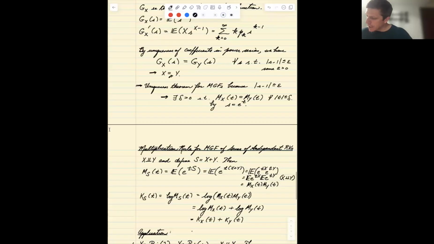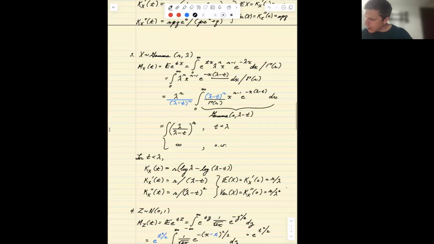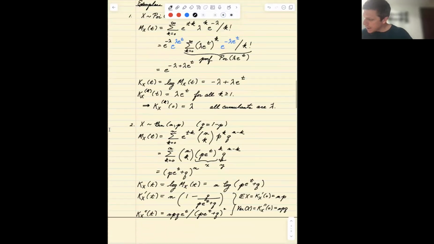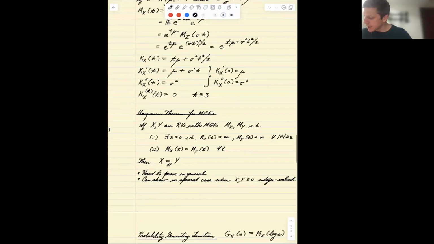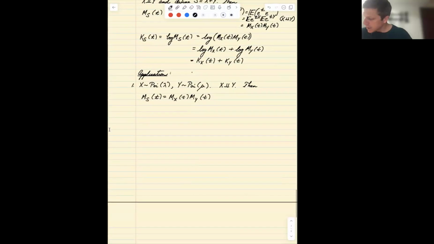We already calculated up above the moment generating function of the Poisson, right? e to the minus lambda plus lambda e to the t. So that's for X, and e to the minus mu plus mu e to the t for Y.